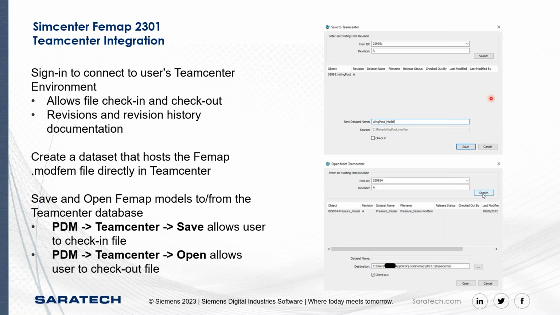Is this the latest analysis that goes with this part? Has this part changed at all? But now, with the ability to integrate everything into Teamcenter, there's more linking between the part numbers and the ModFims, and just a better synergy between design and analysis.